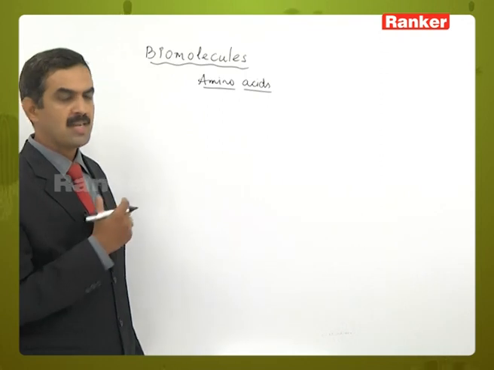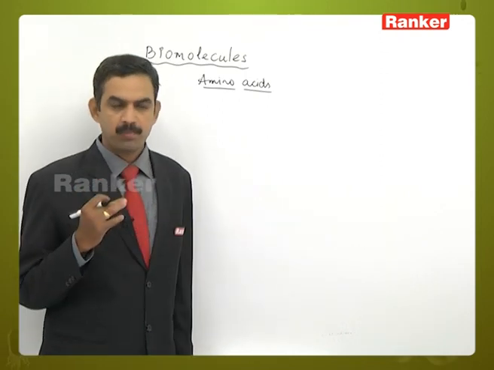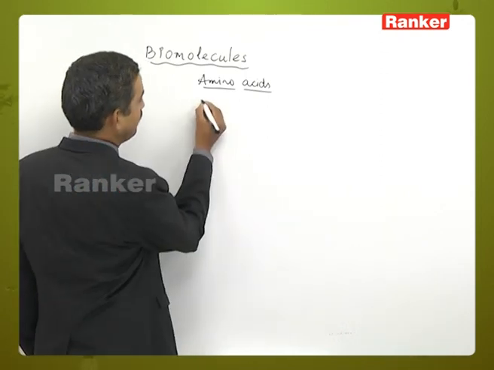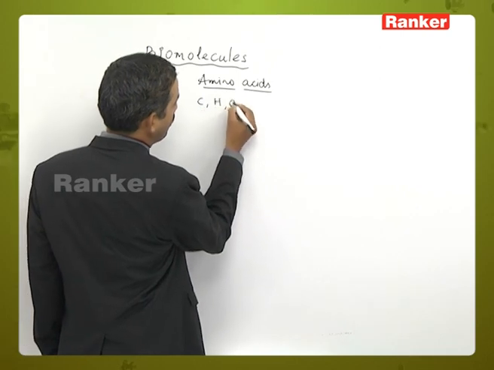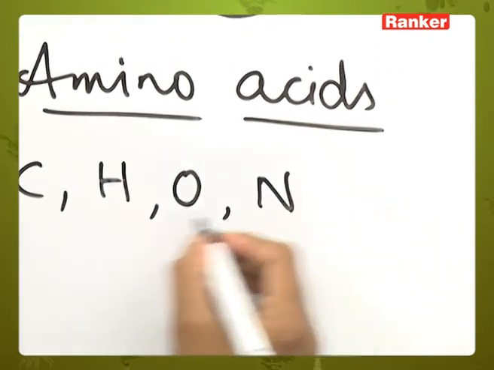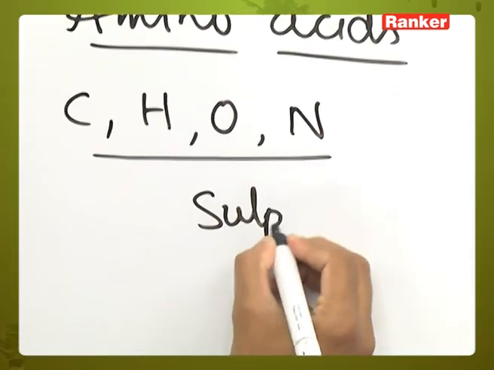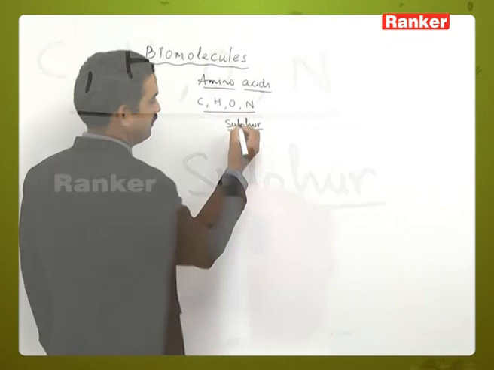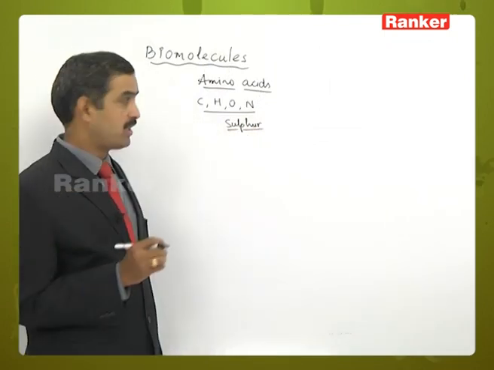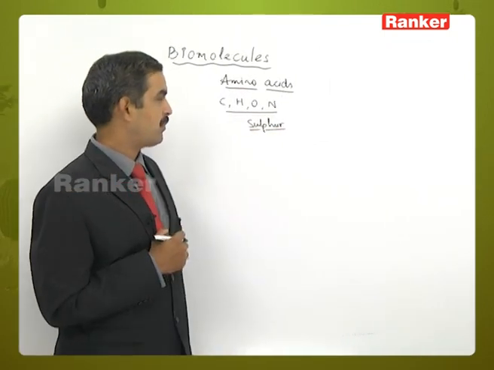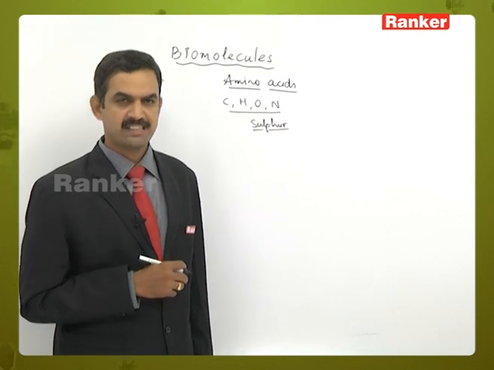Likewise, various types of amino acids are present, and basically amino acids contain carbon, hydrogen, oxygen and nitrogen, but some also contain sulfur. The basic composition is made up of carbon, hydrogen, oxygen and nitrogen.